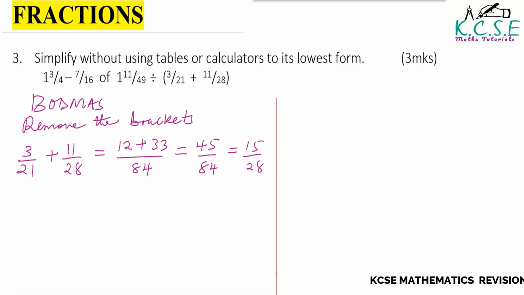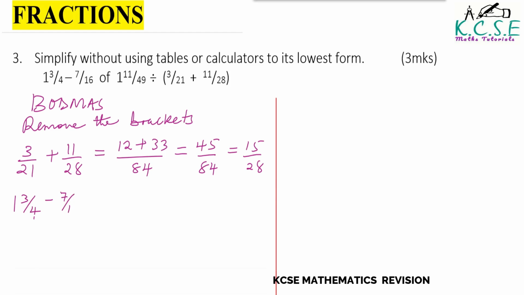Now, having worked out whatever is in the brackets, let's insert that value there. So now you have 1 and 3 over 4 subtract 7 over 16 of 1 and 11 over 49 divided by, now we are going to insert the answer that we got.